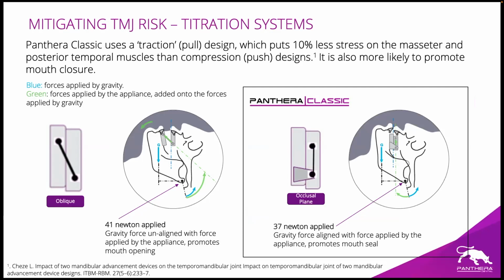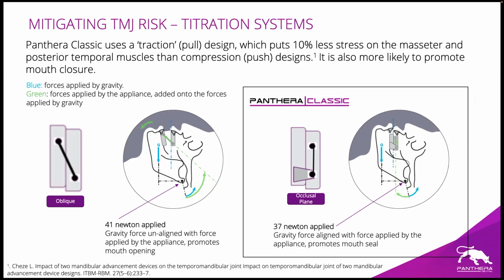And the other thing that I like about the pull type of appliances is it promotes a lip seal or mouth closed approach. And I know all of us in the sleep world are trying to get these patients back in an ideal circumstance, lip seal, nasal breathing. And if we have a device that helps force the lips shut versus a Herbst, which has a downward vector and could potentially create a little bit of an opening there, the better.